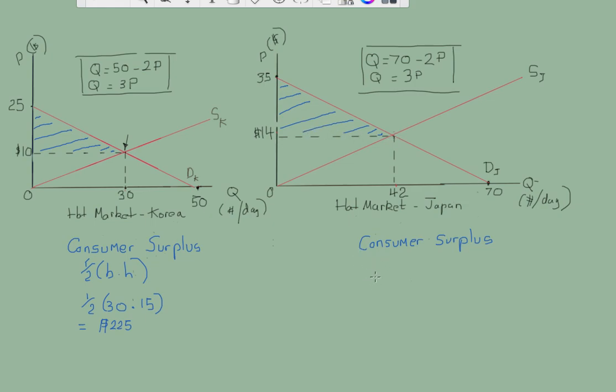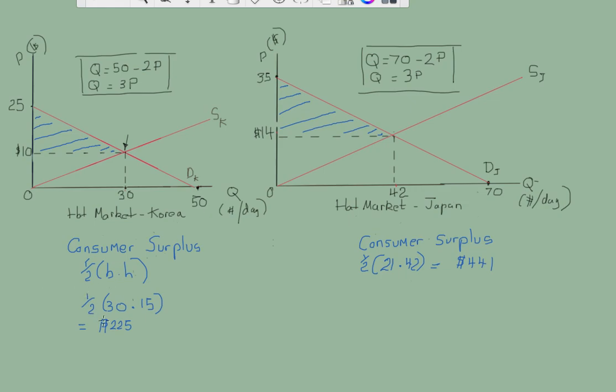So we get 21 times 42, multiplied by a half, and that gives us 441. So you can check that yourself to see if I'm right. And so now we know how valuable these markets are in the absence of trade for the consumers.